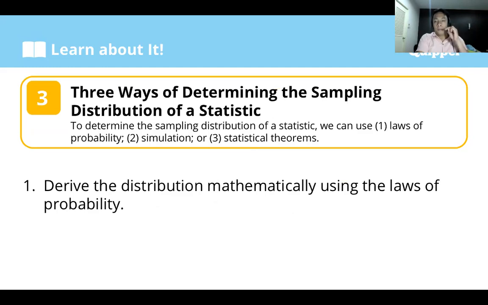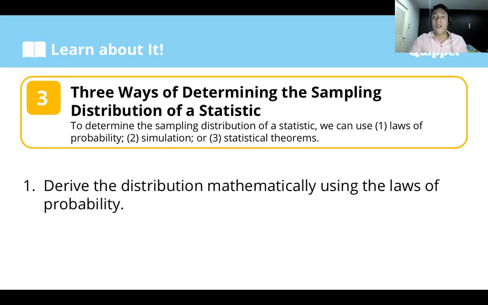Okay. These are the three ways of determining the sampling distribution of a statistic. To determine the sampling distribution of a statistic, we can use laws of probability, simulation, and statistical theorems. So those are the ways of determining the sampling distribution of a statistic.